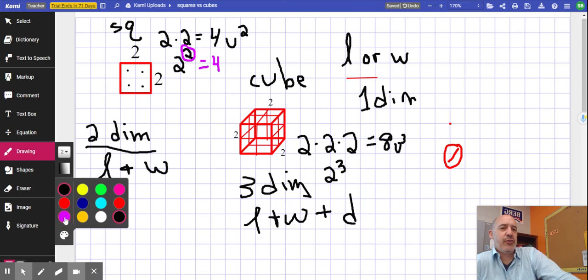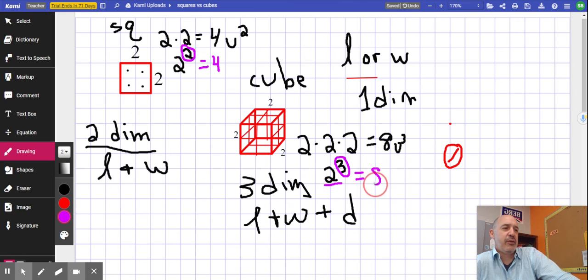And I would say that as 2 cubed because this exponent of 3 stands for repeated multiplication of this base number of 2. So these are two ways of saying the same thing, and this is still 8. 2 to the third power is 2 times 2 times 2, which is 8.